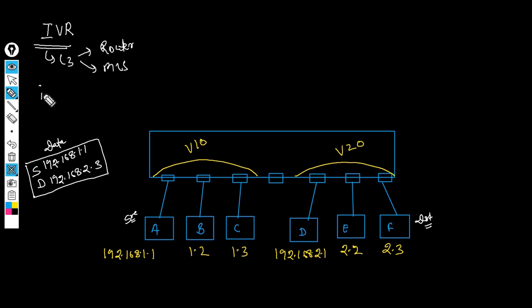At least IP routing should be enabled, whether you are using an MLS or a router. Only then will communication be possible.